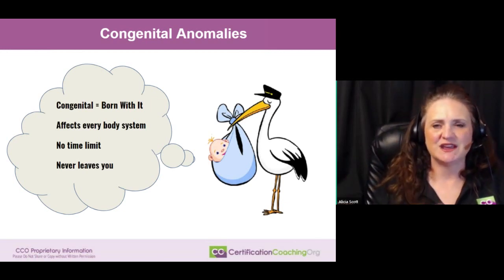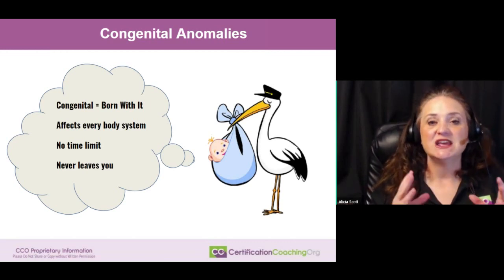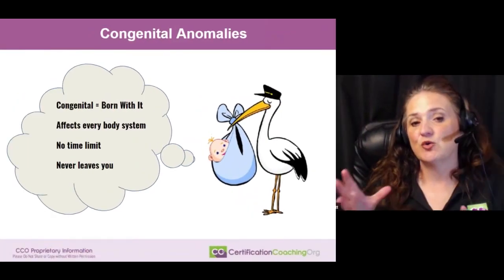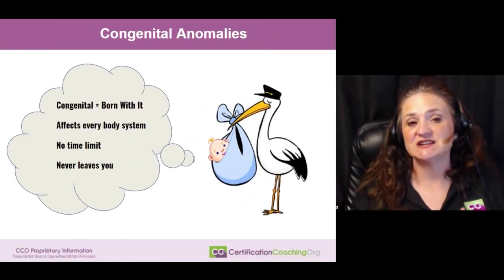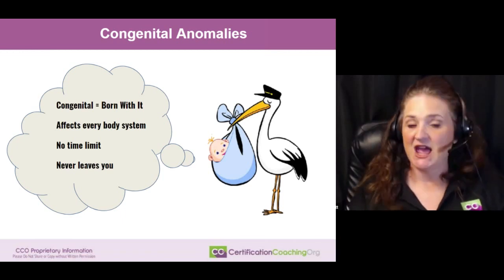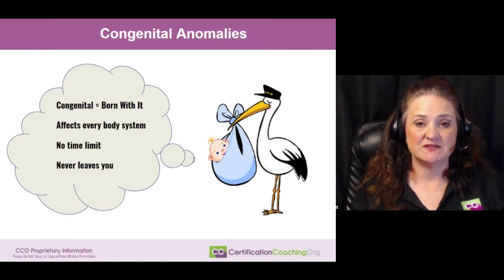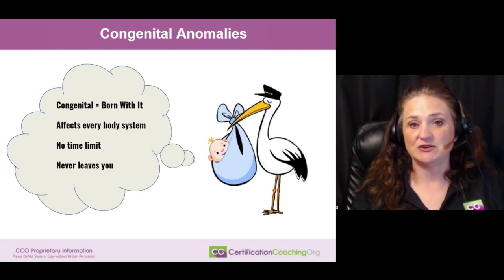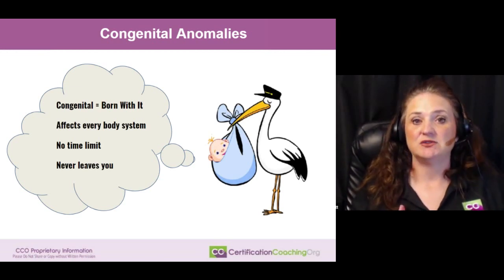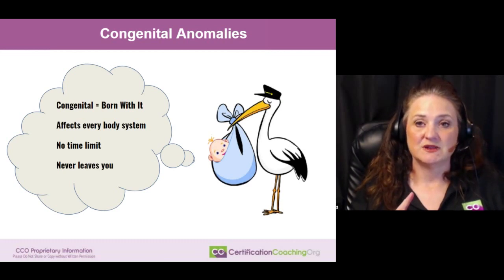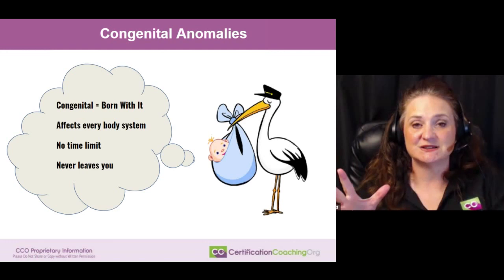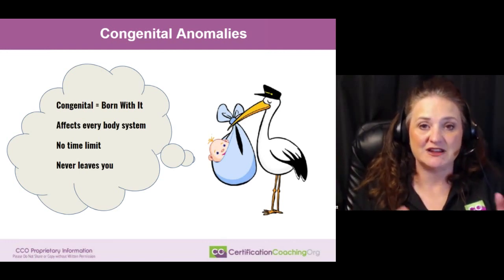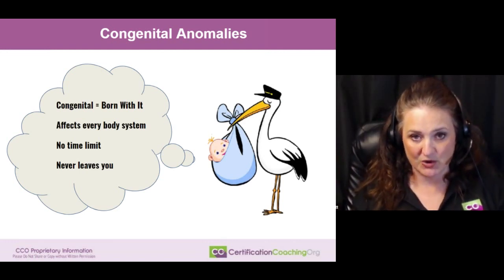So that's one thing. And there's some other congenital things. So if you are born quirky, it can affect every body system. That means you could have something that's a congenital anomaly about your skin, about your respiratory system, your cardiac system, the gastro. Every single system of the body can have an anomaly to it that you're born with.